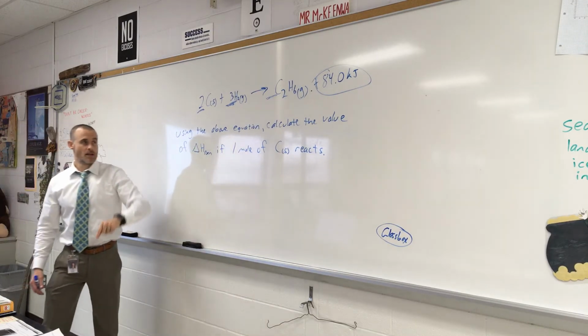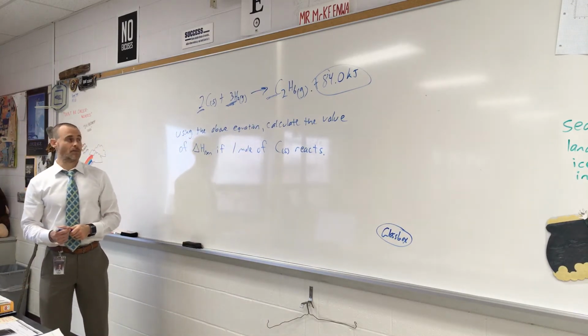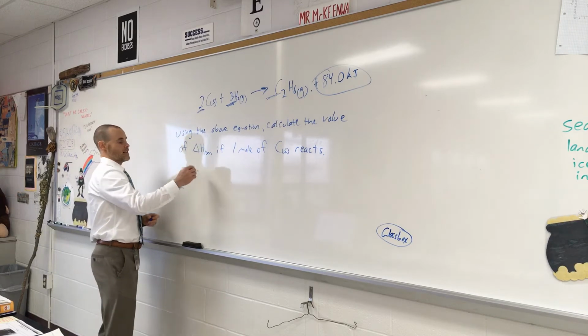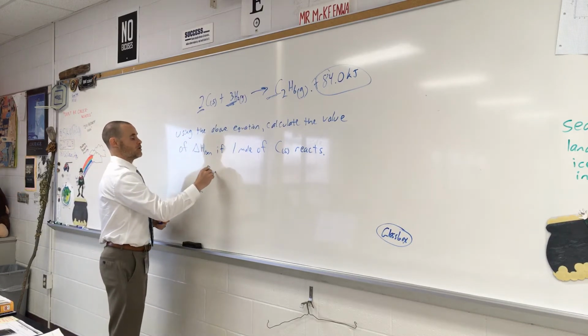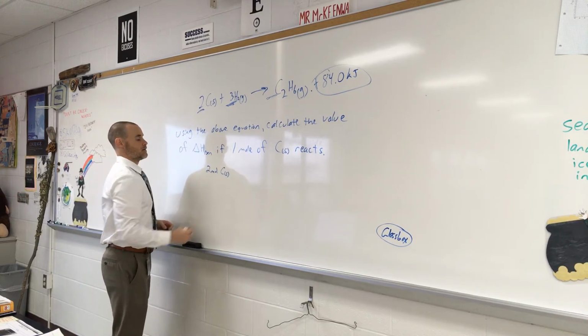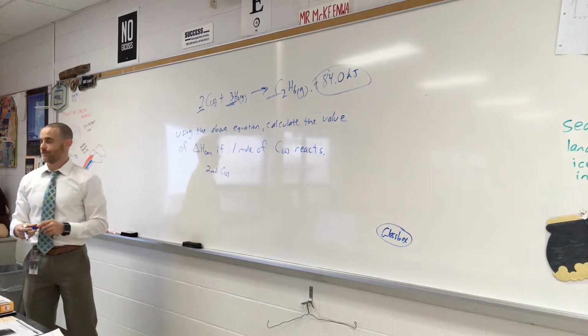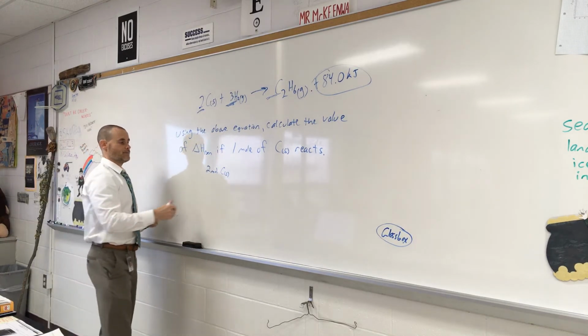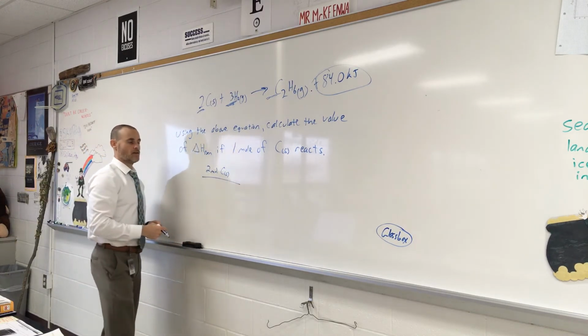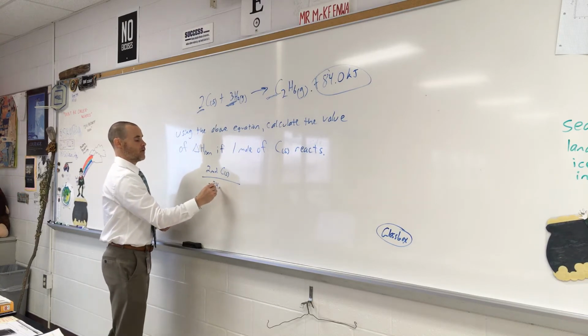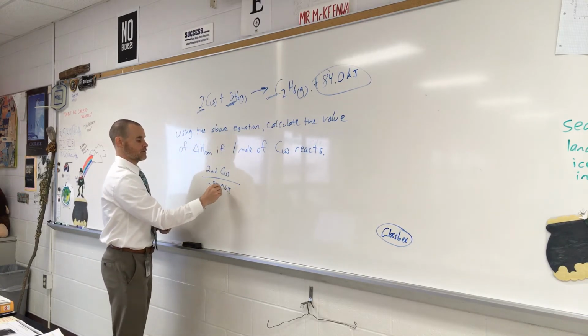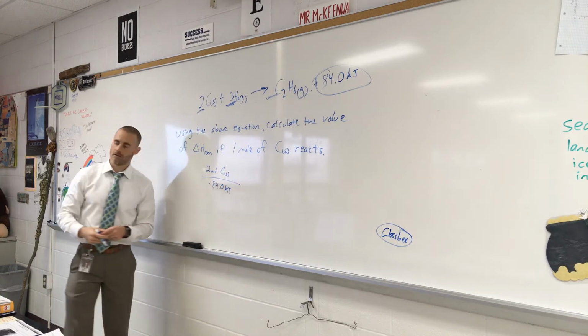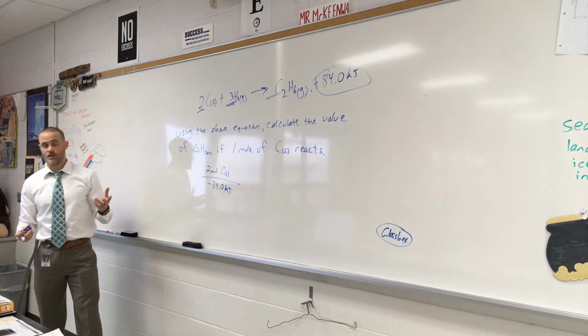Okay. So here's how we solve this problem. Write down exactly what I write down. 2 moles of carbon over negative 84.0 kilojoules. That's a proportion or a ratio.